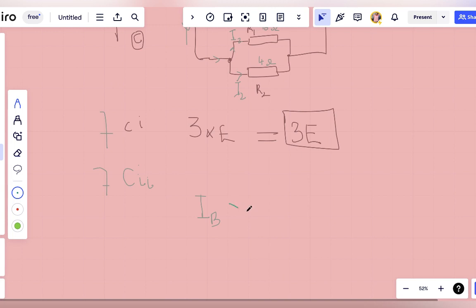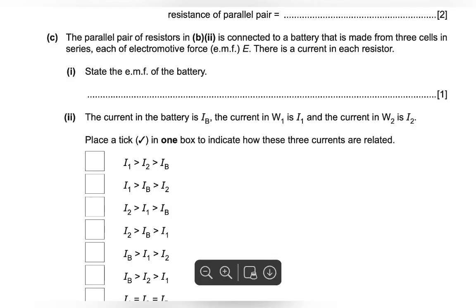It is bigger than I2, which has a 4 ohm resistor, and I2 is bigger than I1, which has a 60 ohm resistor. So in the question, we look for an option, because it says we should place a tick in one box to indicate how these 3 currents are related.